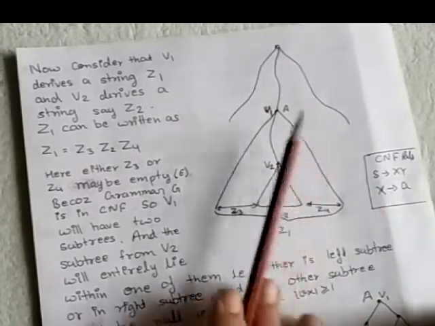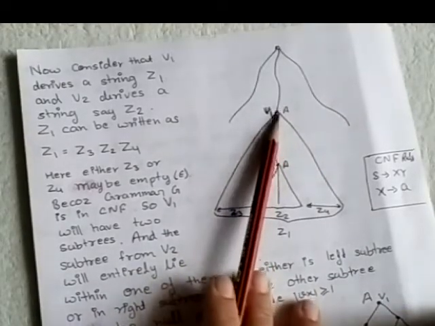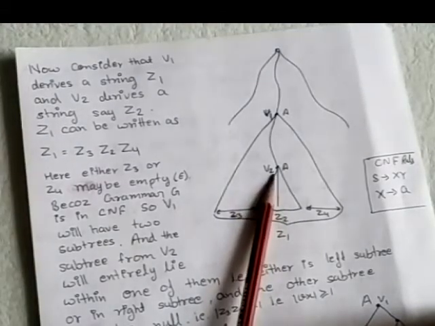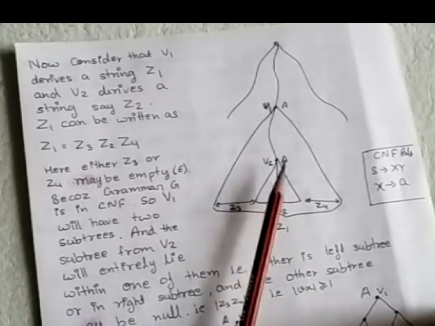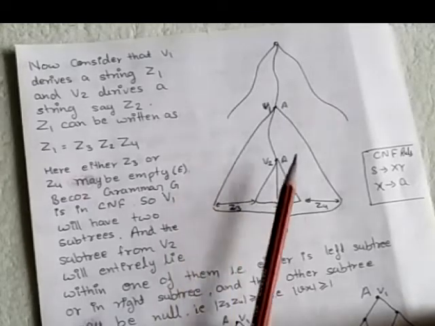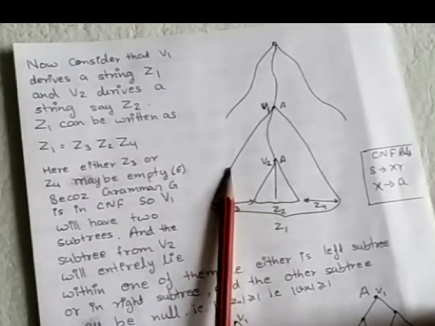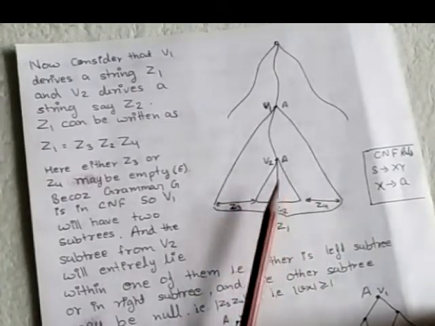Now starting with this V1, if we derive this V2, then obviously with this rule V2 will fall either in the left subtree or in the right subtree. I have taken these cases.